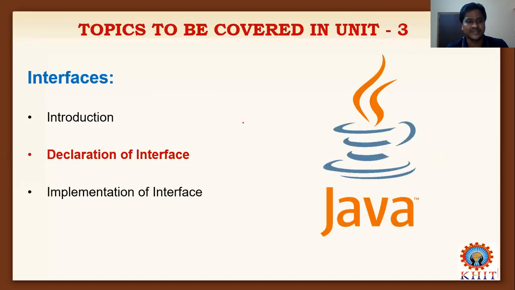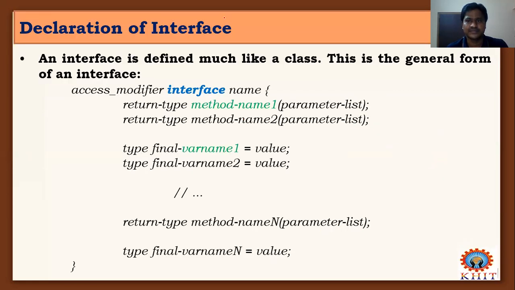Next one, declaration of an interface. The declaration of an interface is much similar to the declaration of a class. Here the general form of declaration of an interface is given. We know that generally an access modifier is important to declare either a class or an interface.